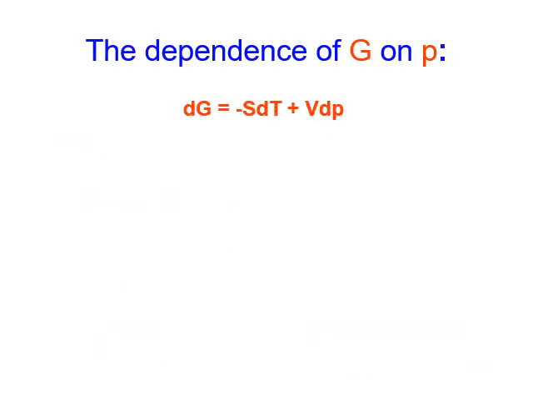With this fundamental equation of chemical thermodynamics, we are now ready to study the dependence of Gibbs energy on temperature and pressure. Let's first look at the dependence on pressure, assuming temperature is constant. So dT is 0, dG equals V times dP. For solid and liquid, pressure has little effect on volume, so volume is considered a constant.